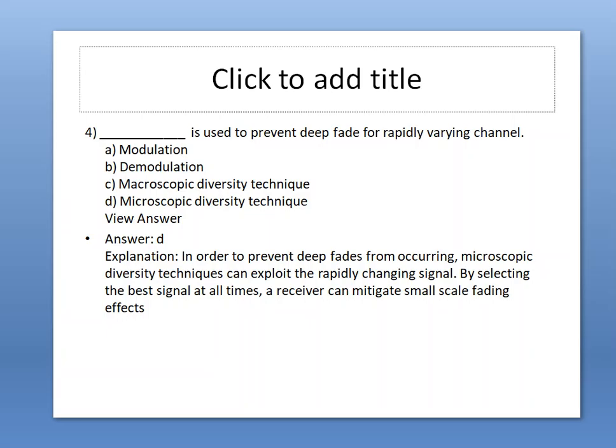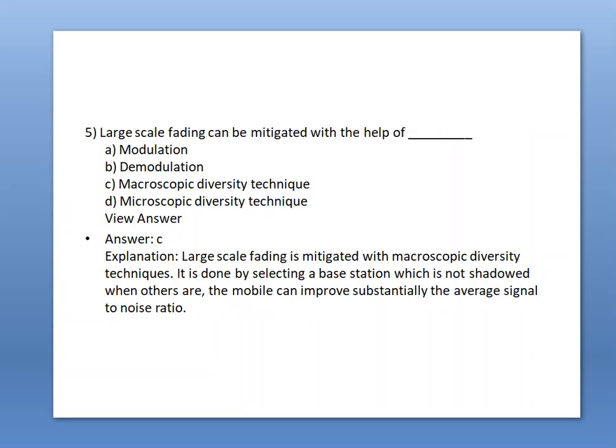Now, move to the next bit. Large scale fading can be mitigated with the help of modulation, demodulation, macroscopic and microscopic diversity. It is similar to the previous bit. In the previous bit, we discussed a rapidly varying channel. Now we are using a large scale fading channel. Yes, the answer is C. Large scale fading is mitigated with the macroscopic diversity technique.